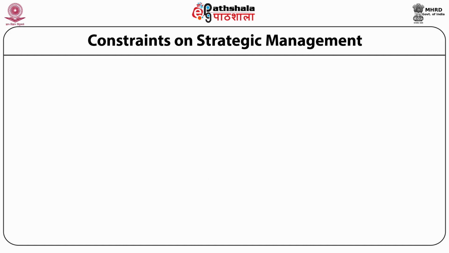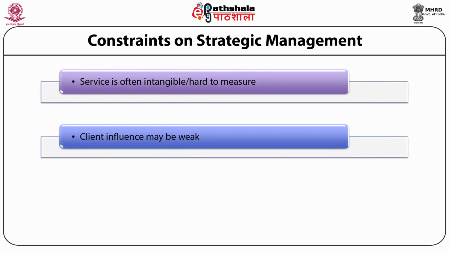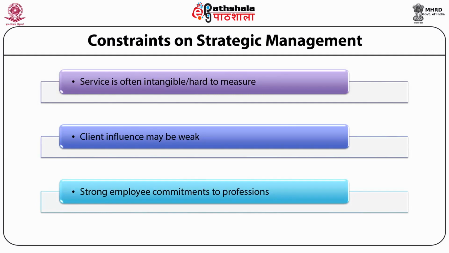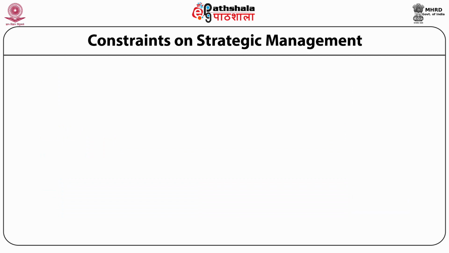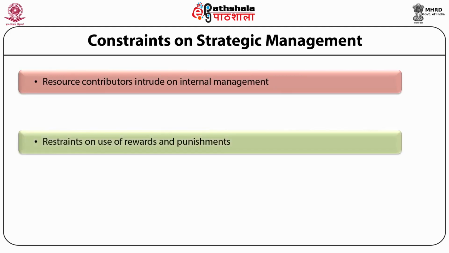The first constraint is services being intangible or hard to measure. Client influence may be weak, or strong employee commitment to professionals. There could be three constraints. There may be additional constraints while adopting strategic management tools in an NGO, including resource contribution, intrusion on internal management, restraint on use of rewards and punishment.